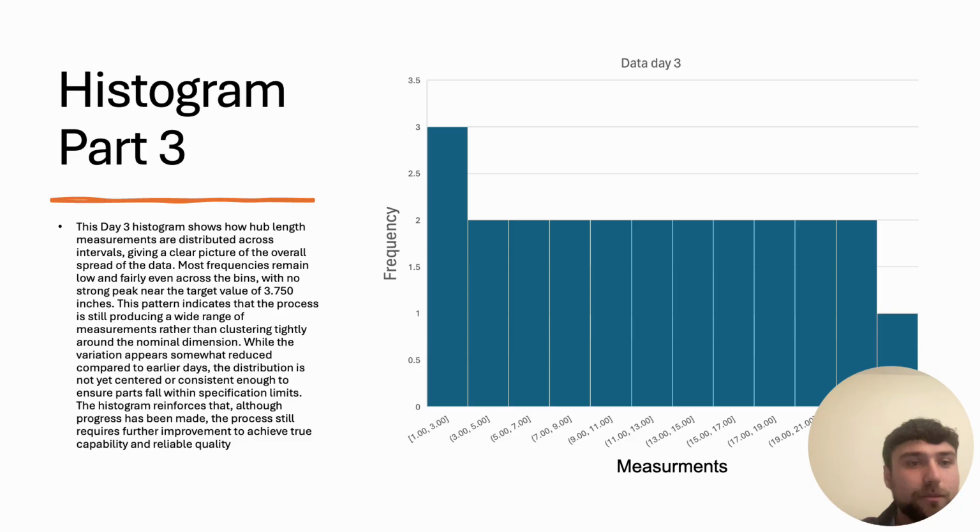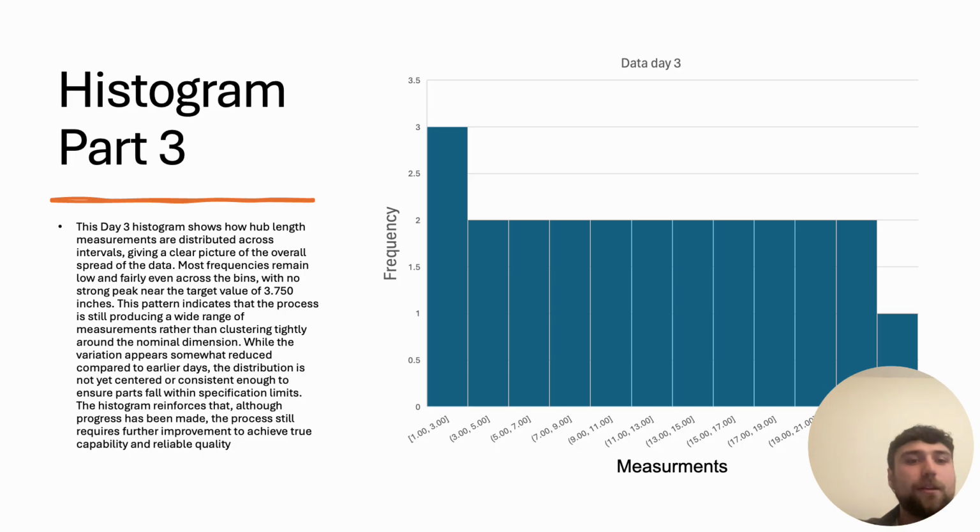Most frequencies remain low and fairly even across the bins, with no strong peak near the target of 3.750 inches. This pattern indicates that the process is still producing a wide range of measurements rather than clustering tightly around the nominal dimension.